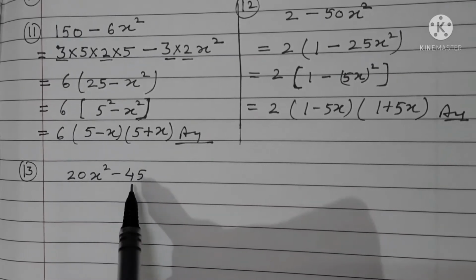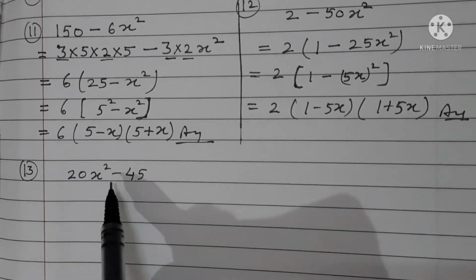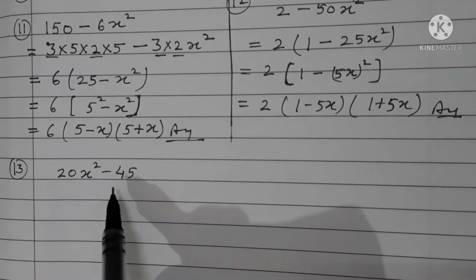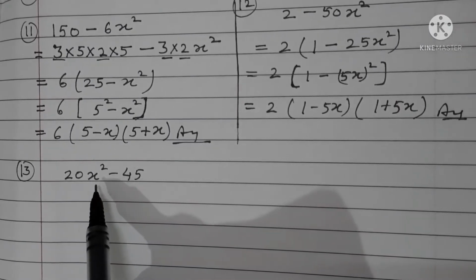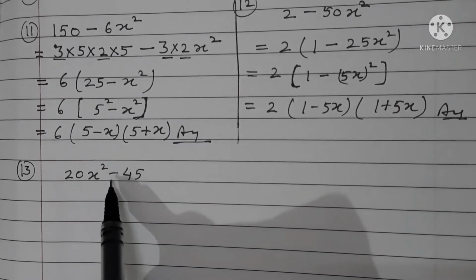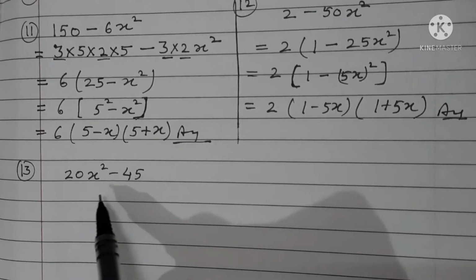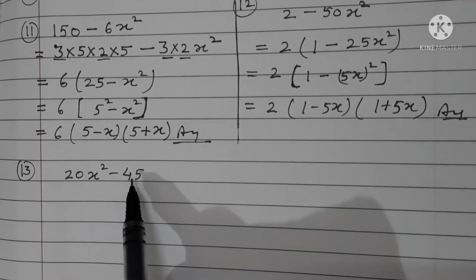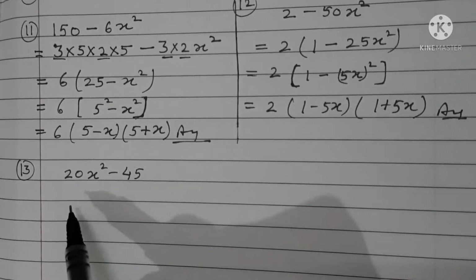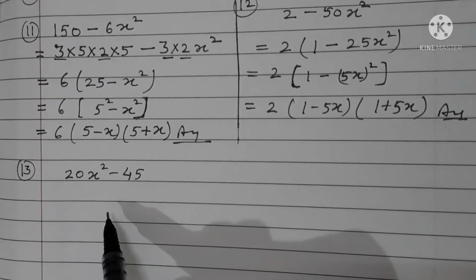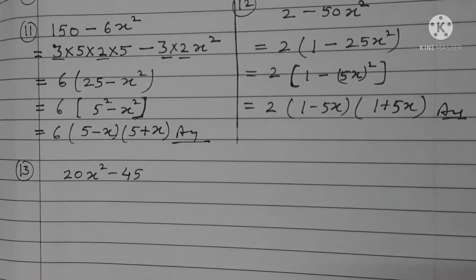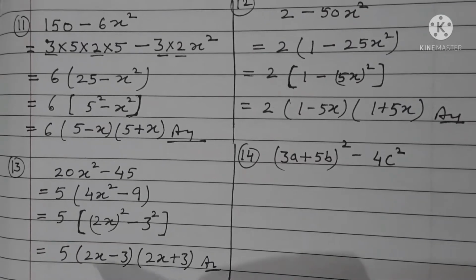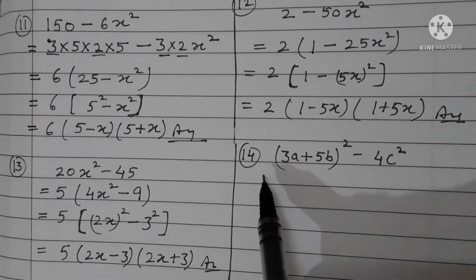Here 20 and 45 come in the table of 5, so you can take 5 as a common factor from each term, and in the bracket 4x square minus 9, since 5 9s are 45. You can write 9 as 3 square and use the identity of difference of two squares. Solve and check the answer.